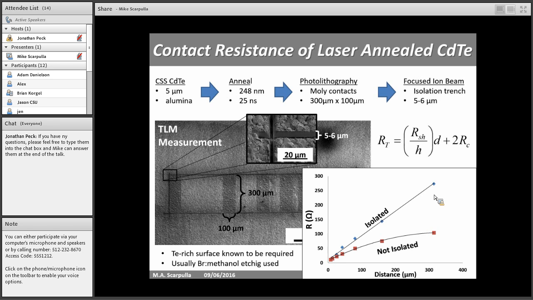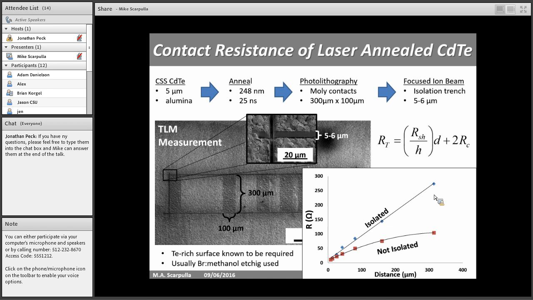So we worked pretty hard on this, and I include this figure to illustrate that we went to the trouble of using a FIB to isolate the TLM pattern that we used here. So those trenches were dug to electrically isolate this transmission line measurement pattern.